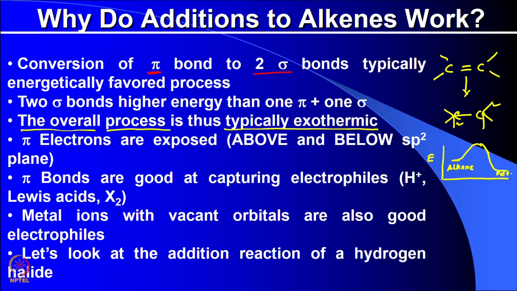The addition product has more stability than the alkene, and therefore it releases this amount of heat, which is a phenomenon of an exothermic process. So pi electrons are exposed above and below the sp2 hybridized carbon atoms, and these pi bonds are good for capturing electrophiles like H+ ions, Lewis acids and halogens. Even metal ions with vacant d orbitals are also good electrophiles which can form bonds with these pi electrons.